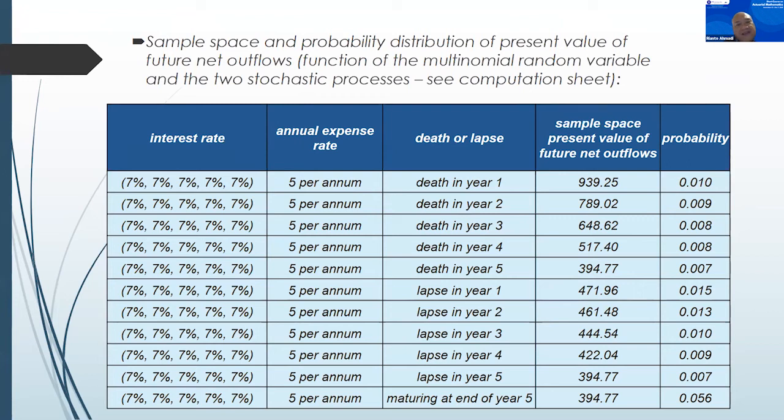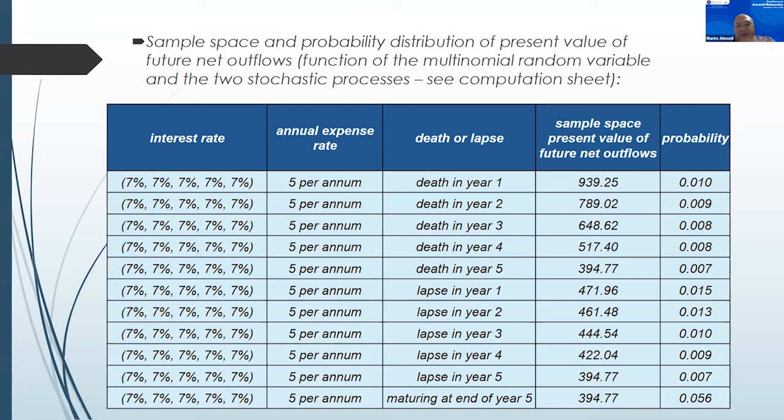The present value is a function of those three, right? So the present value of the future net outflows is a function of the multinomial random variable and the two stochastic processes. I have computation sheets for this, but I don't have them here. I did it in Excel, but I didn't bring the Excel with me, but you can trust me.